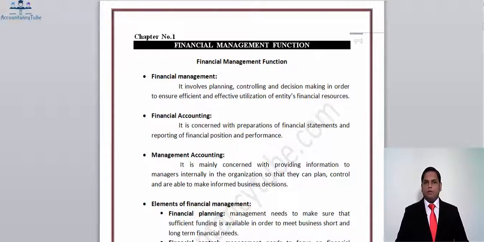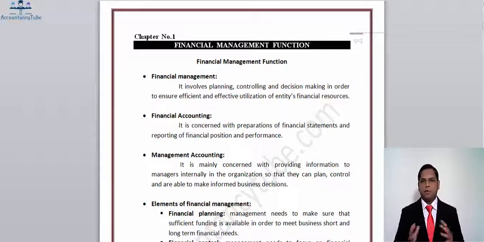It's simply a recording exercise using the accountancy system. We start with recording, that's from sales day book to summarizing ledgers and then eventually preparing the financial statements. So financial accounting is mainly concerned with the recording, summarizing, and preparation of financial data. It has nothing to do with the management of finances or management of financial resources. The scope of these two fields is quite different.